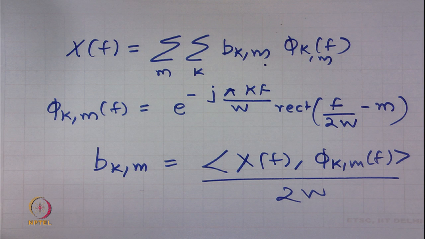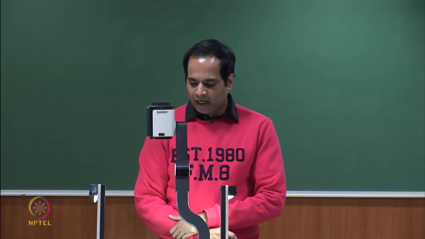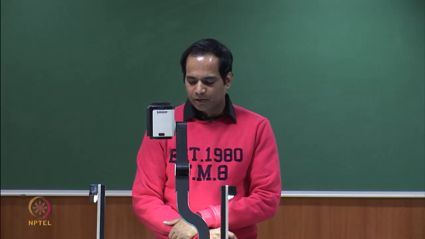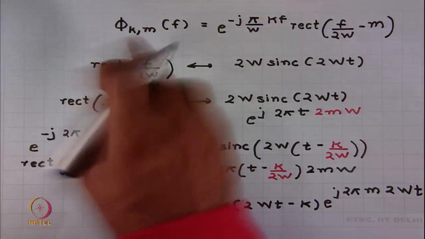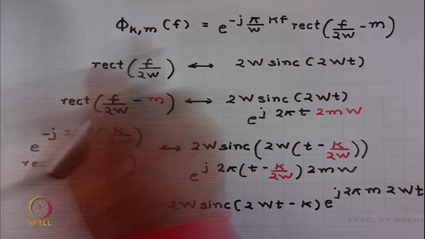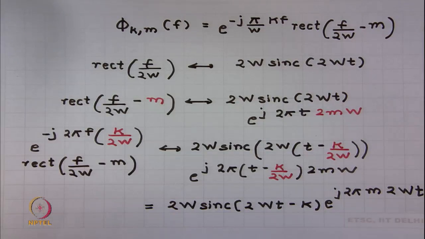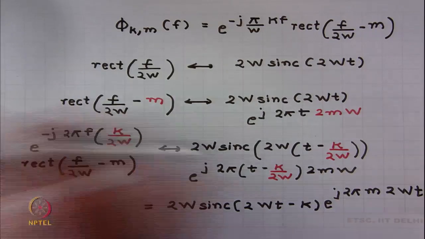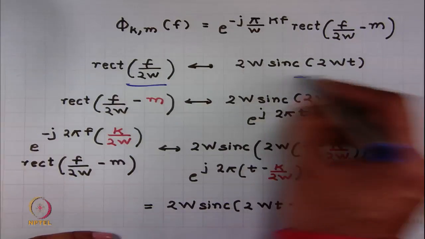Let us again now try to do what we did in the case of Fourier series. So, let us start by taking the inverse Fourier transform of this expression. We have to take the inverse Fourier transform of this function, and again using the ideas from the Fourier world, we know that the inverse Fourier transform of a rectangular function is a sinc function.